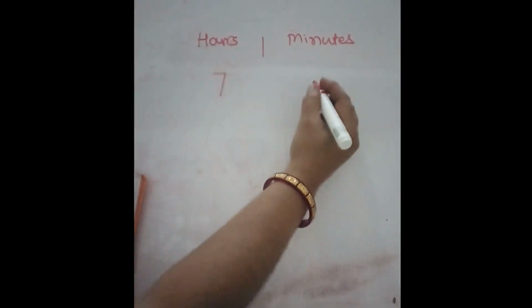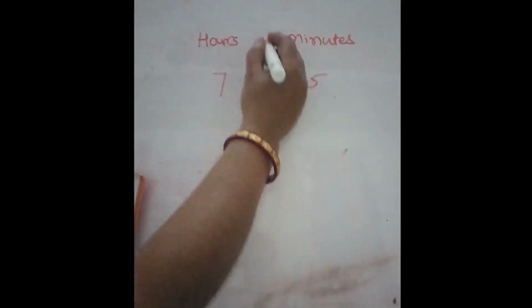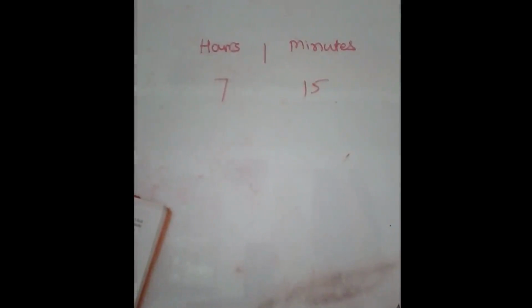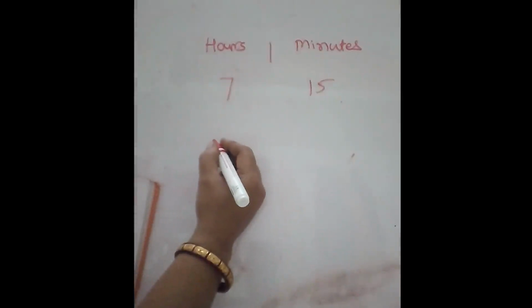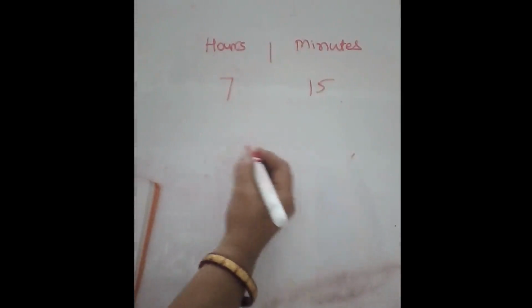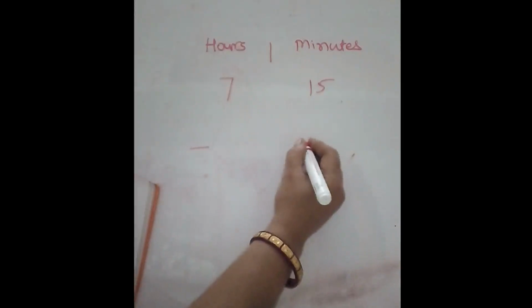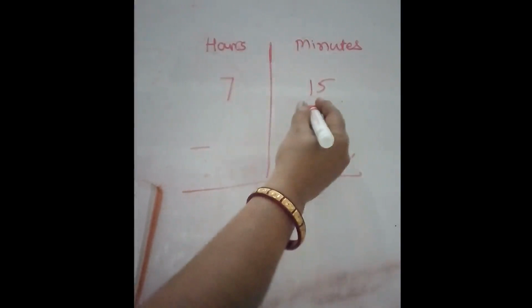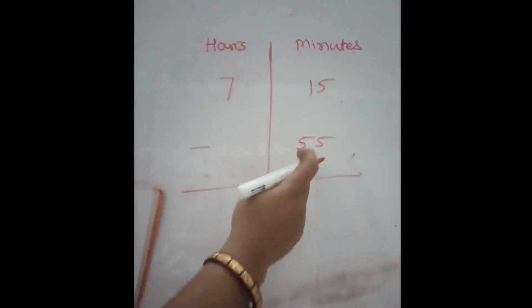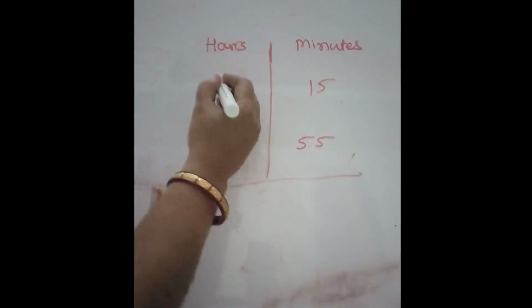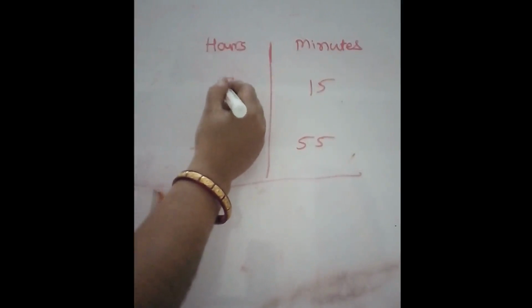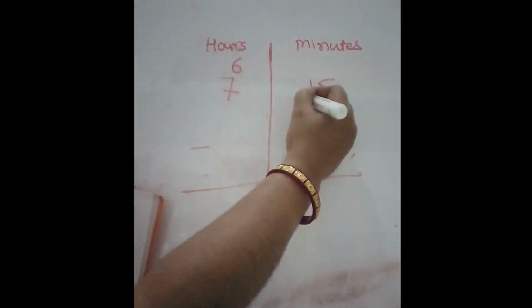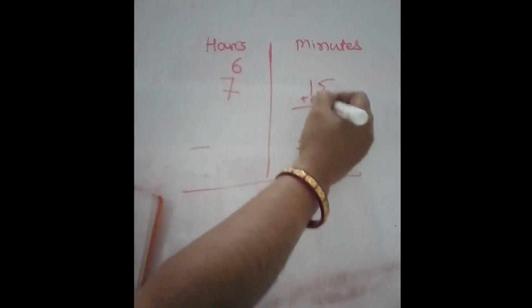Seven hours 15 minutes, and from this 7 hours 15 minutes you have to subtract 55 minutes. Again from 15 minutes we cannot subtract 55 minutes, so from this hour we will borrow 1 hour. So here remains 6, and we will add 60 minutes here.